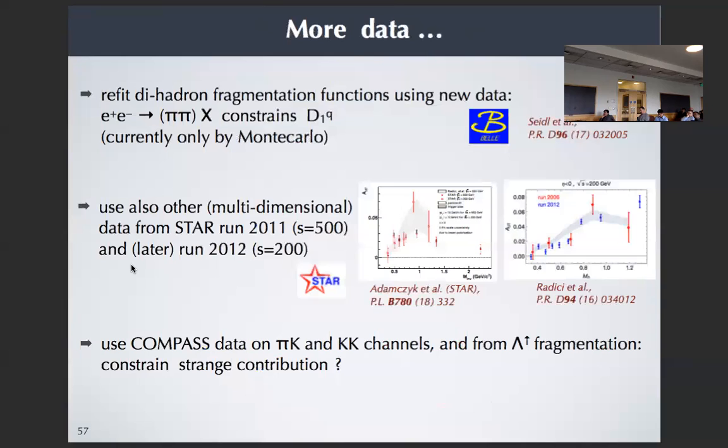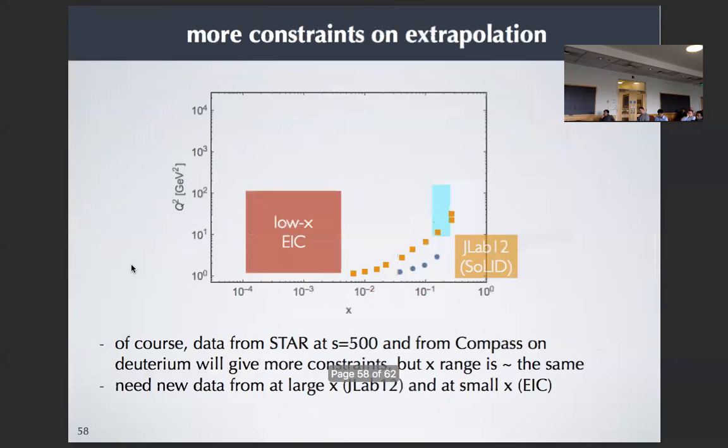The problem with all this data is that they all lie within the X range which is currently covered by the data I've been using in the present version of the fit. And this means that if I want to improve, from the phenomenological point of view, the calculation of the tensor charge, this data will not help me very much.